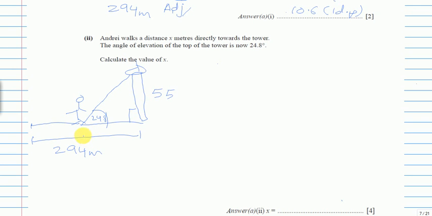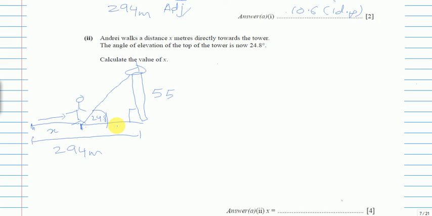Okay, now what we are looking for is how much he has moved from this part to this part. Okay, so Andre walks a distance x meters directly towards the tower, and this is x meters towards the tower. Okay, this is the x meters which we are looking for, and if we can calculate this side, we will subtract it from this large side and we'll have this side. Okay, so this is what we are going to do.